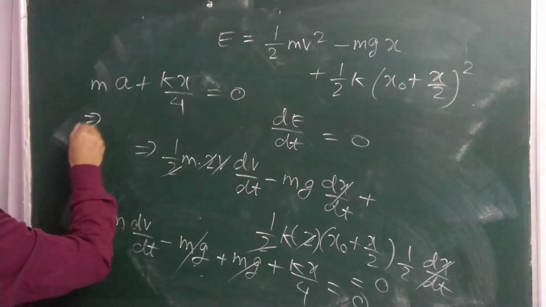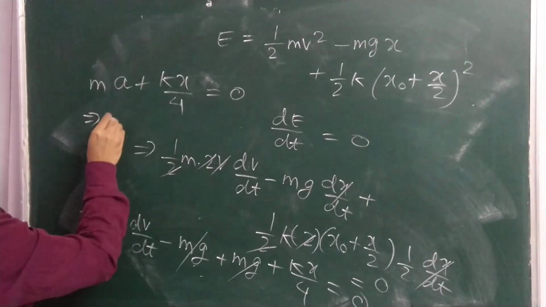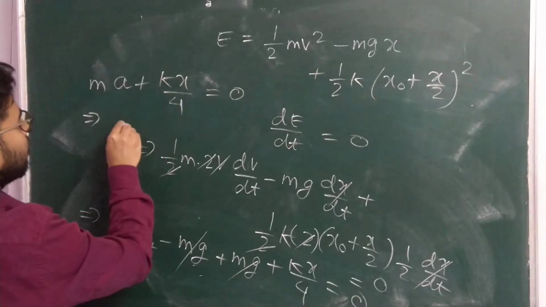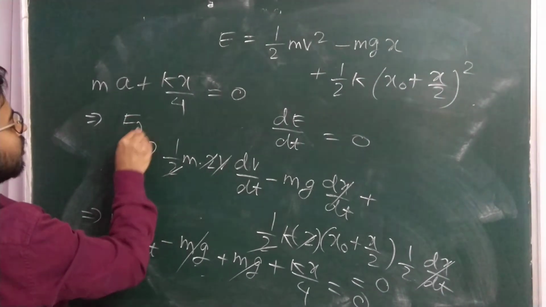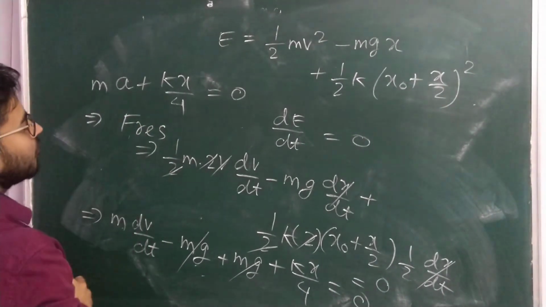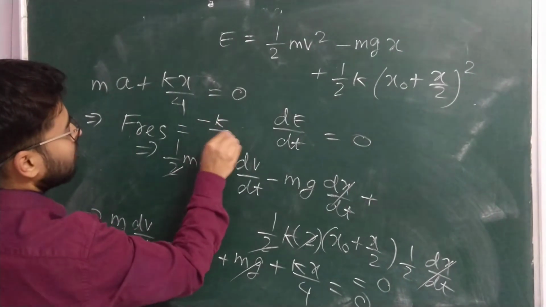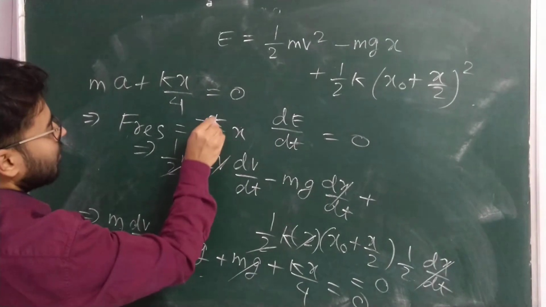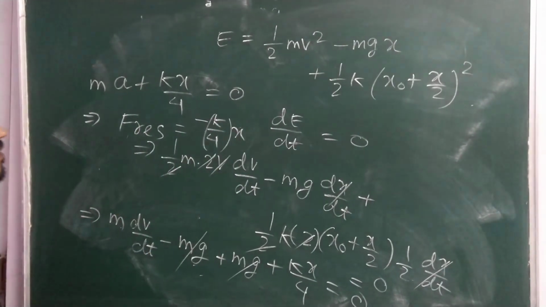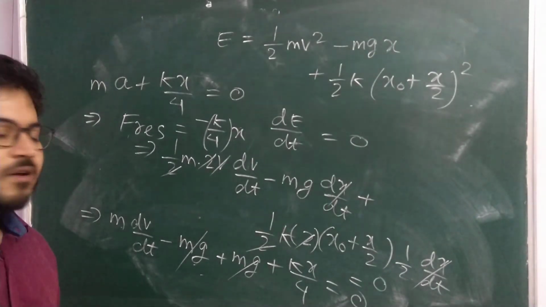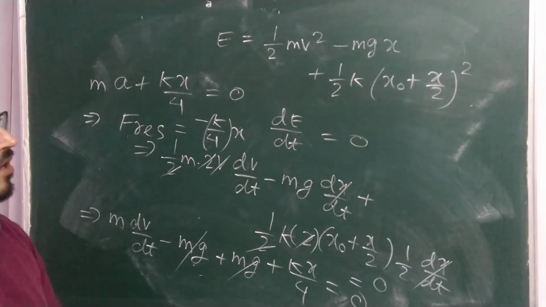Can you see here that this is essentially the restoring force, and we can write this as F restoring. It is equal to minus k by 4 times x. Now what is this k by 4? This is nothing but omega square. We have discussed earlier. So k by 4 is nothing but omega square.